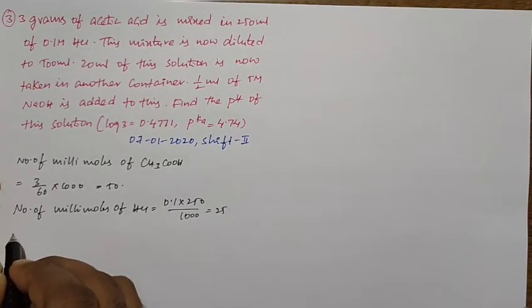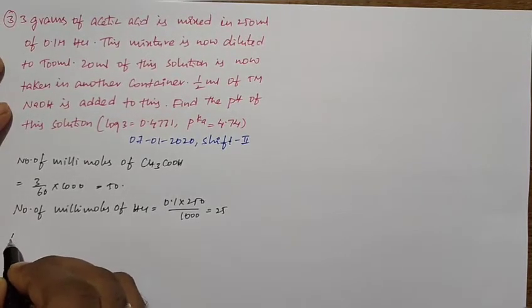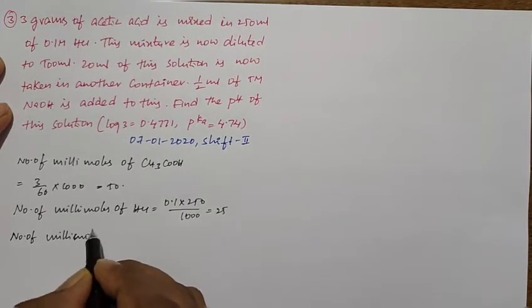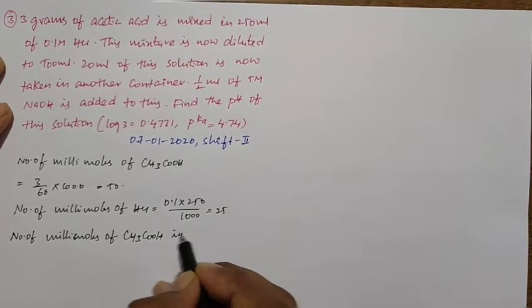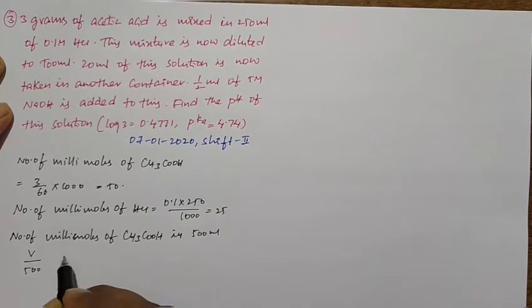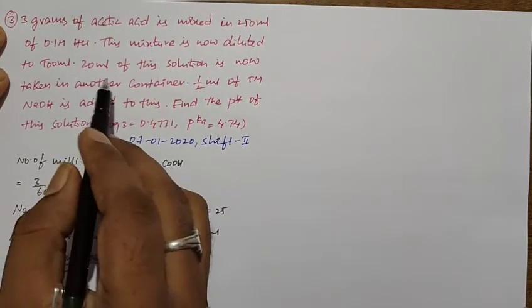After that we need to find the number of millimoles of acetic acid in 500 ml. In the volume of 500 ml, the number of millimoles is 50, but they have taken 20 ml of this solution.